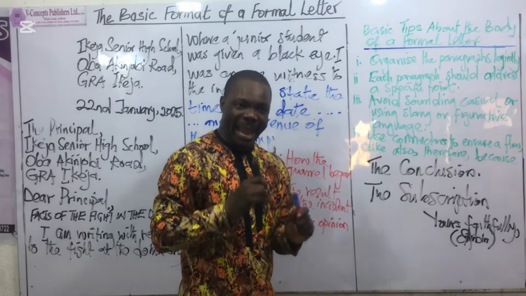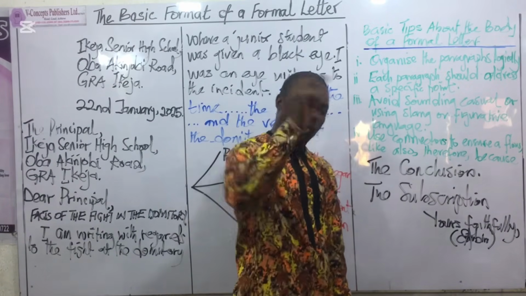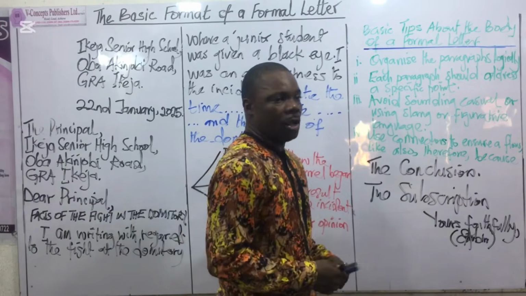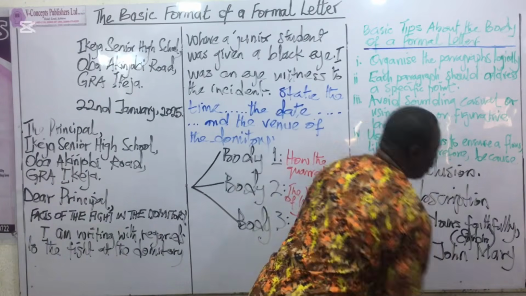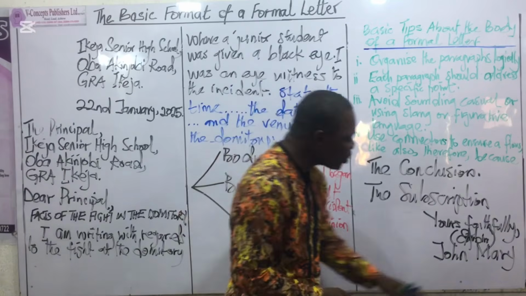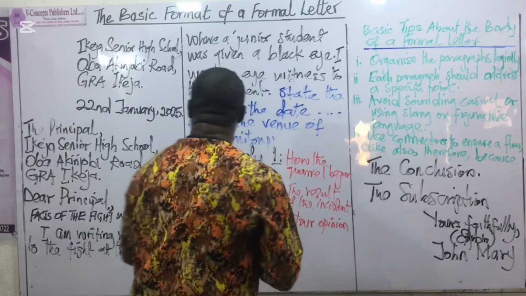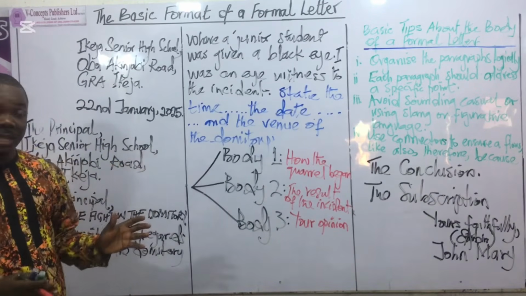Then you write your name, first name and then surname. For example, let's say your name is John Mary. No full stop, no comma. So this is how to close a formal letter in the context where you did not use the name of the receiver.